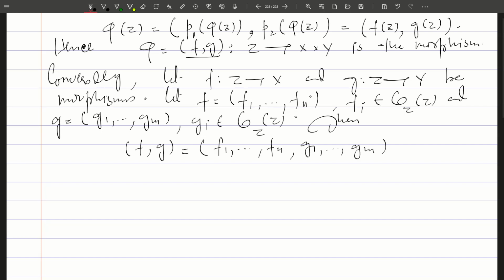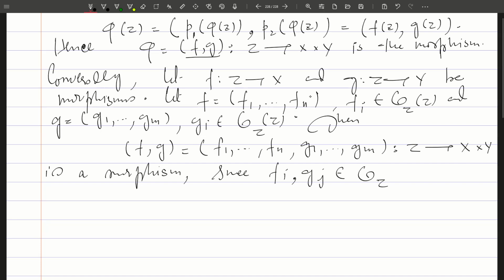Since all these fi's and gj's are regular, this is a map from Z to X times Y, and so it is a morphism.